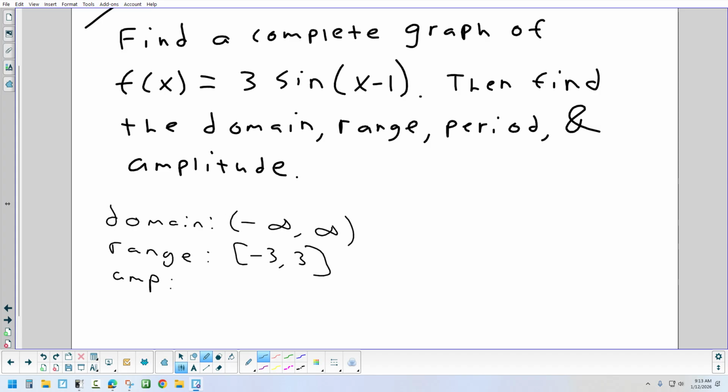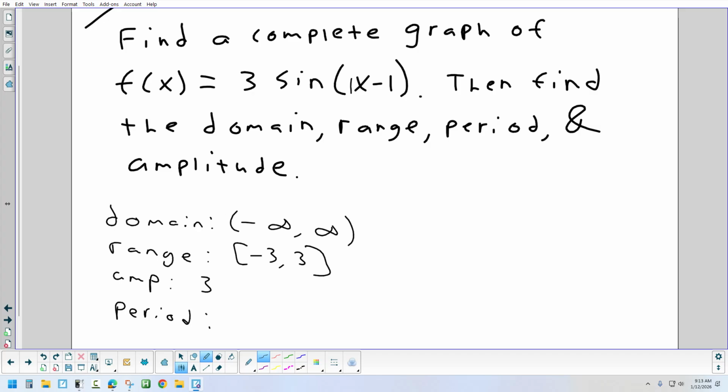Okay, what's the amplitude going to be? Yeah, Jackson, 3. 3, good. And the period. Yeah, 2 pi over 1. 2 pi. In this case, there's just a 1 in front of the x, so there is no change to the period.